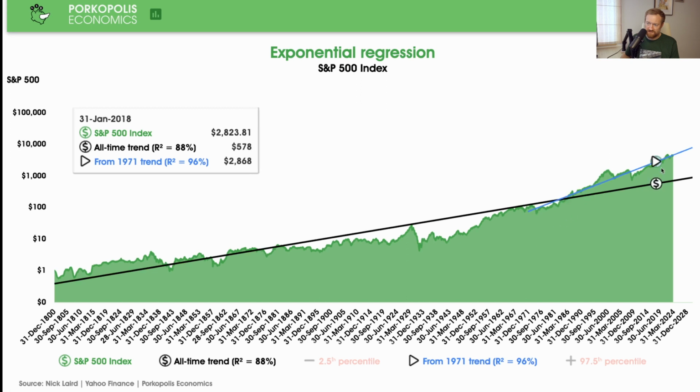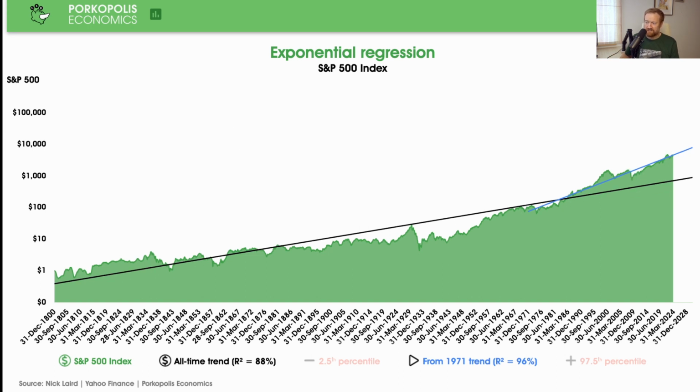All right, so this is in blue. Now, much steeper. You can start to see the steepness of the market is obviously stronger here, and it's just growing faster since the 70s than it was all time. Okay, and there's a couple ways you can think about this. I'm not going to provide all the answers in the video, but let's just again give you a number. So the all-time trend line, the slope of that curve, remember exponential trend lines are straight lines on log scale, which we have.